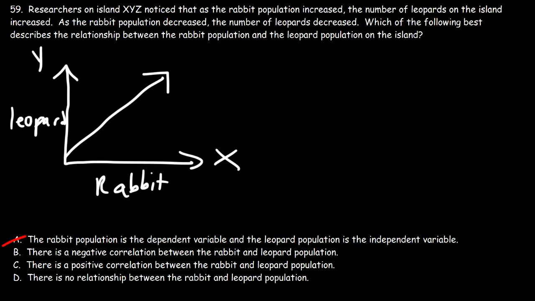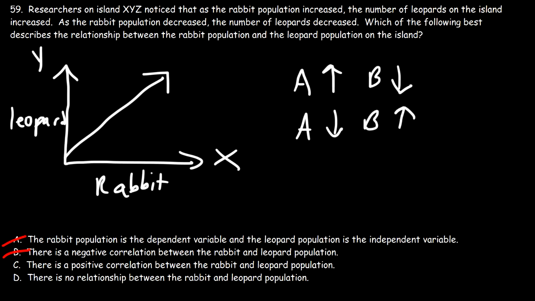Is that true or false? So that is a false statement. A negative correlation describes an inverse relationship. So let's say if A goes up and B goes down, that's an inverse relationship. That's a negative correlation. Or if A goes down and B goes up, that's also a negative correlation.